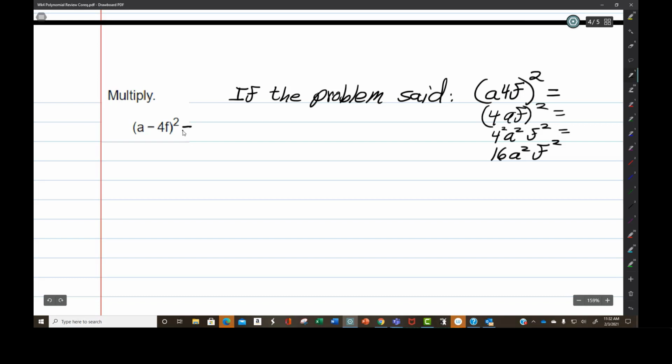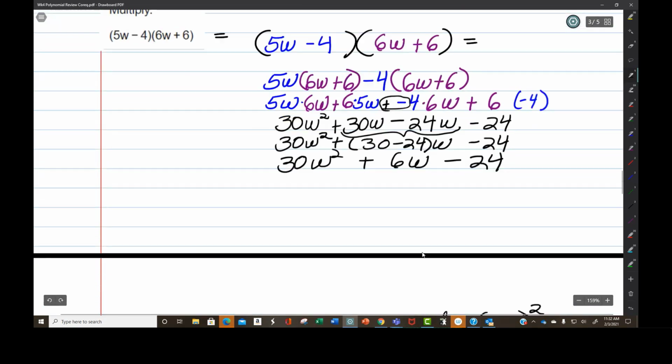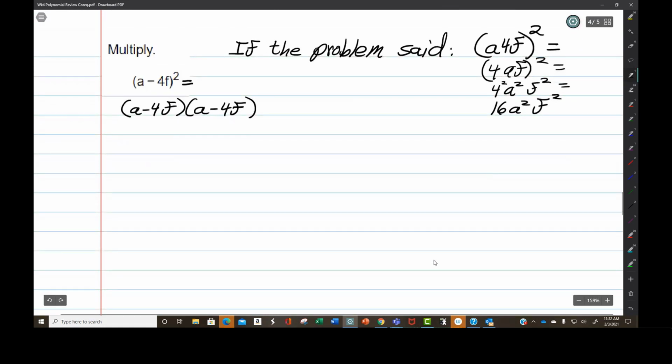Instead, you have to do the following. And now we're going to do what we did back here, which is what you do when you multiply. When you square a binomial, you multiply the binomial times itself. So we're going to take this A. Should I color code? Yeah. We're almost done.